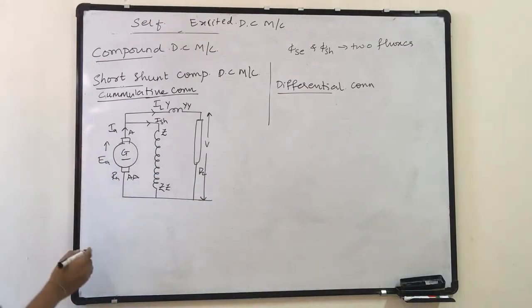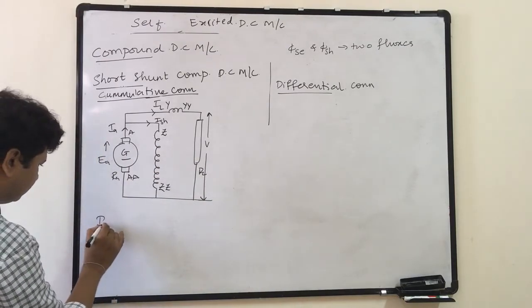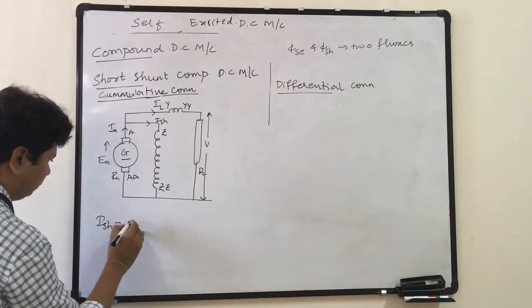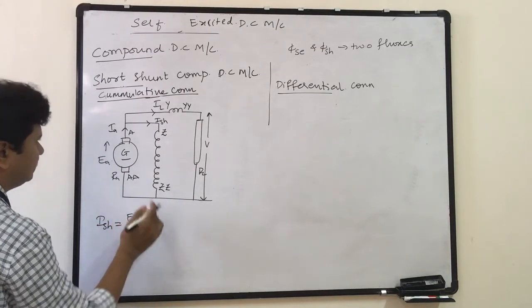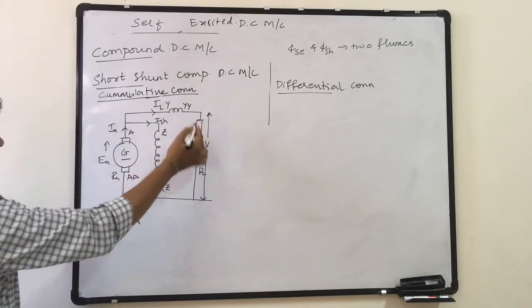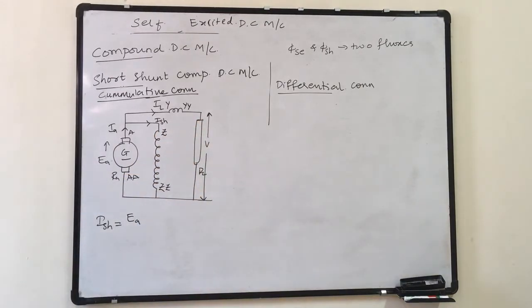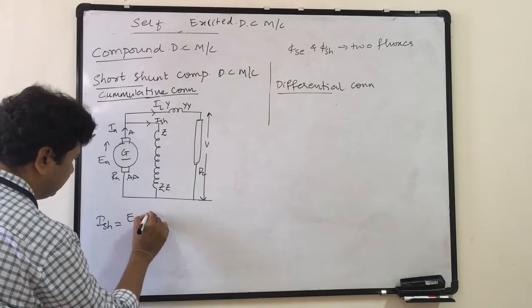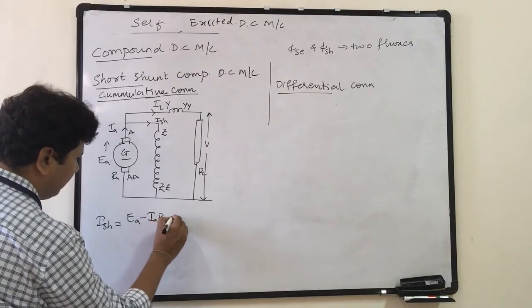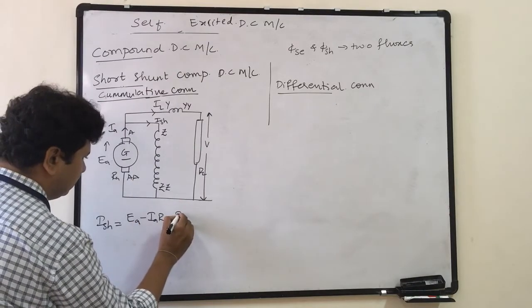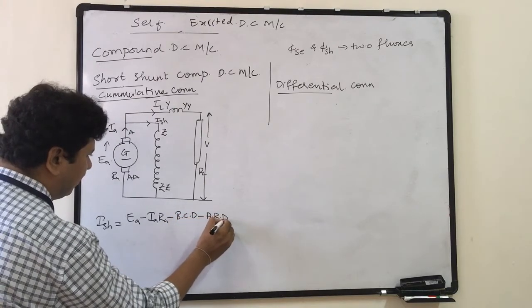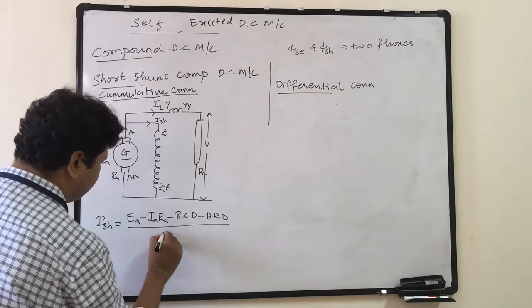Now here, what is ISH? ISH is equal to, now see, the shunt field current is not exactly across the voltage V. It is across the armature. So it is EA minus IA RA minus brush contact drop minus armature reaction drop, divided by RSH.